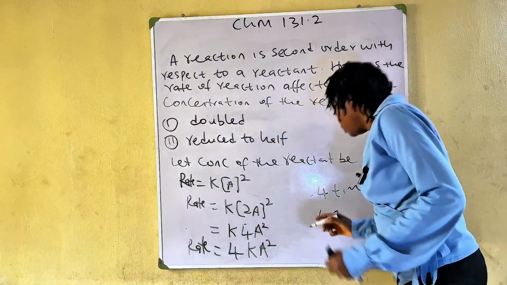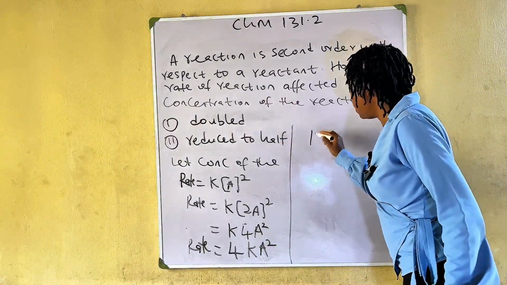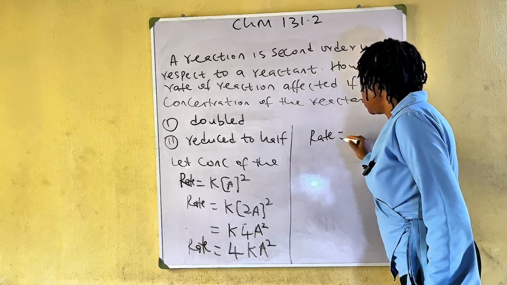So the rate of reaction is going to increase by 4 times. Now the concentration is reduced to half. So the same, rate equals k.